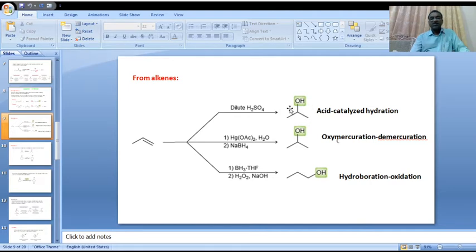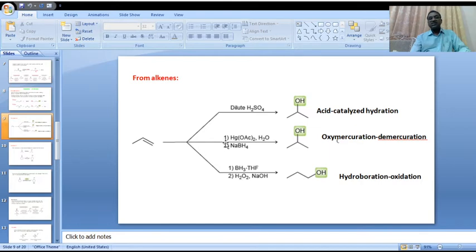Finally we are getting isopropyl alcohol, a branched type of structure. In presence of dilute H2SO4, it gives a hydrogen sulfate intermediate. This intermediate on hydrolysis gives the alcohol.